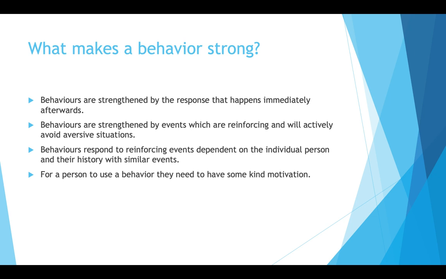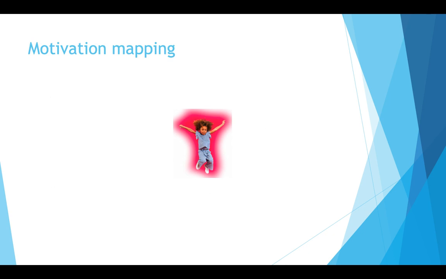Now, for a person to actually use one of their behaviours, they need to have some kind of motivation. It can be very small and subtle, but we do need motivation of some kind. And it can be tricky to identify what is actually reinforcing to an individual person. So we can do something called motivation mapping.